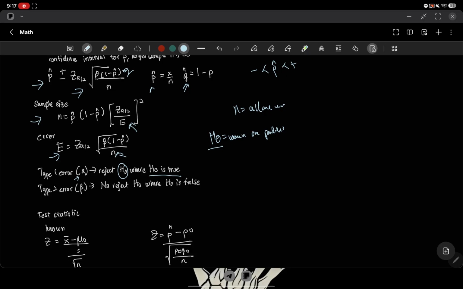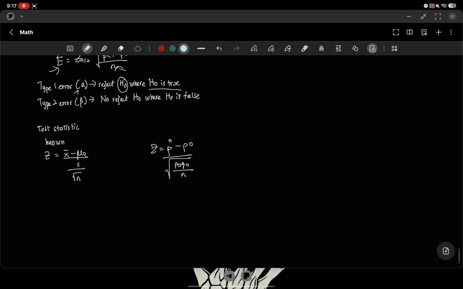But if you're rejecting it, it's a type 1 error. We call it the alpha error. Type 2 error is when we don't reject, but we know that H naught is false, meaning in a group of n there are men, and we are saying everyone in the room is prettier, but men are not prettier. If we don't reject, it's a type 2 error, the beta error.